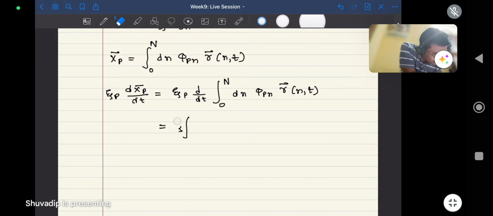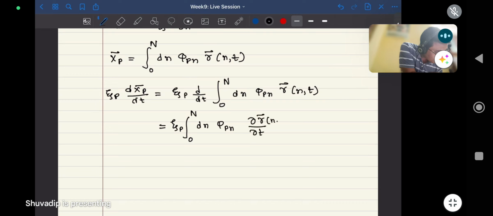So outside it will be as it is, and the integral from 0 to N of dn phi p(n) times the partial derivative. It is partial because r is a function of n and t both, but we are taking a derivative with respect to time only.